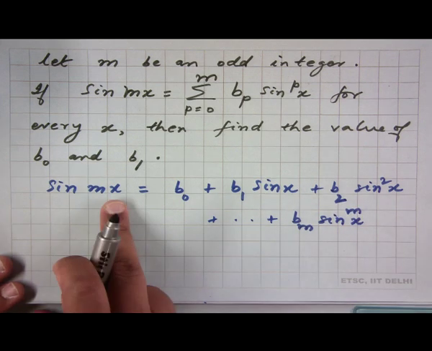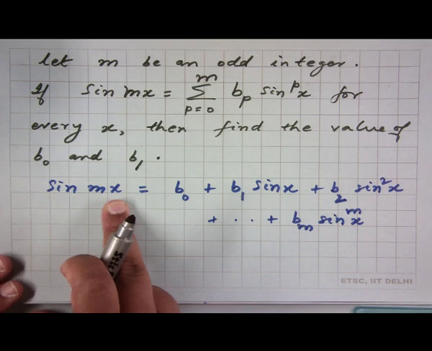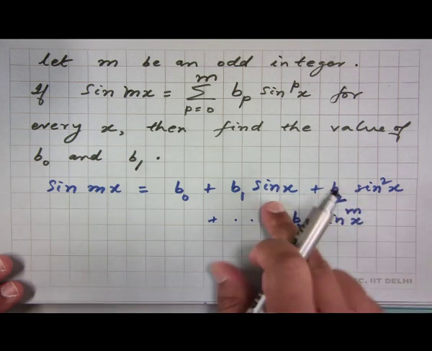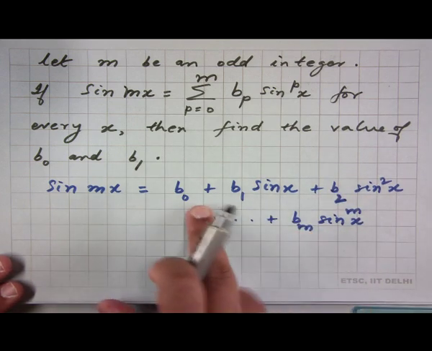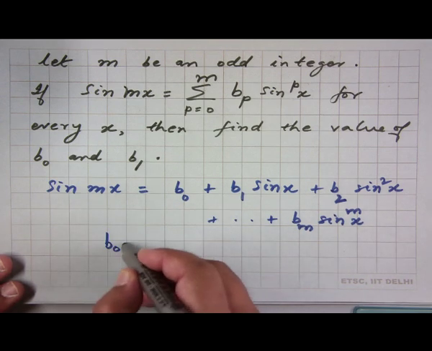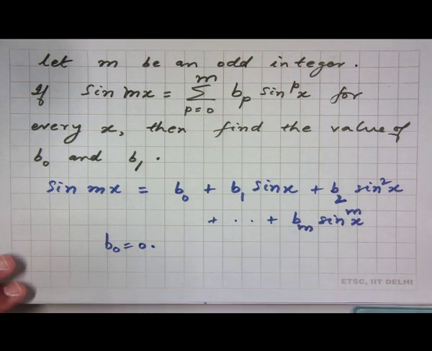Now, if we substitute x equal to 0, the left hand side is 0, and on the right hand side each of these terms will go to 0. What remains on the right hand side is b0, and therefore it must hold that b0 is equal to 0. So we have got the value of b0.